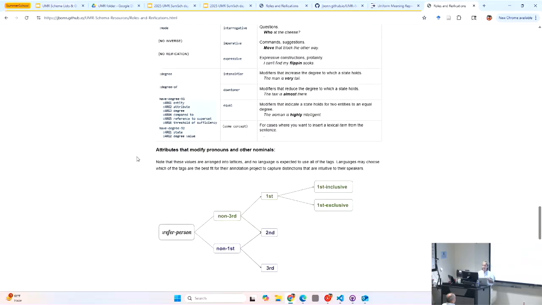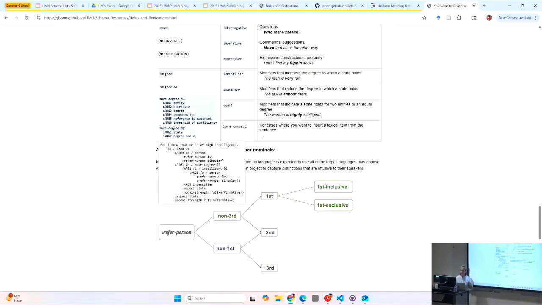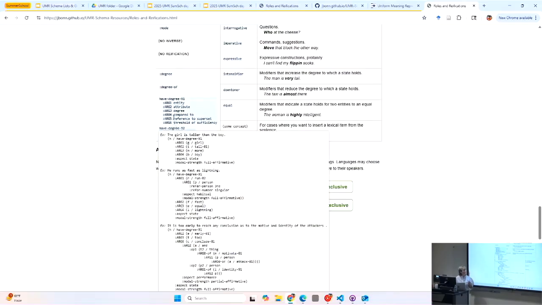And then degree. We have done a slightly new thing with degree, and there are actually two different degree reifications. This one, have-degree-91, is used for comparative constructions, superlative constructions, and sufficiency, like "enough to such and such."